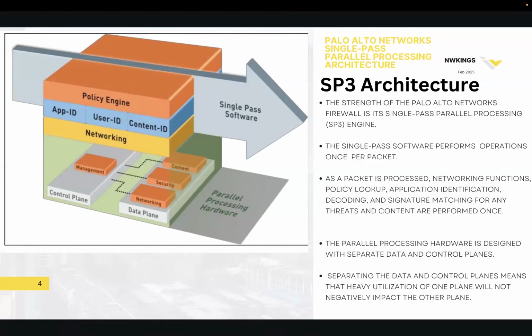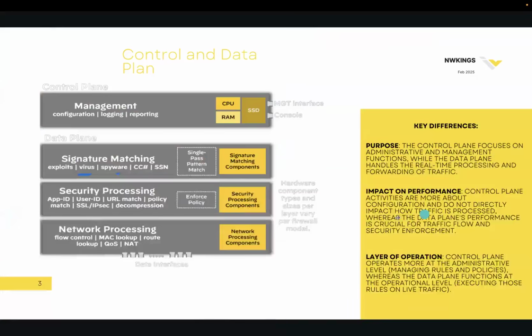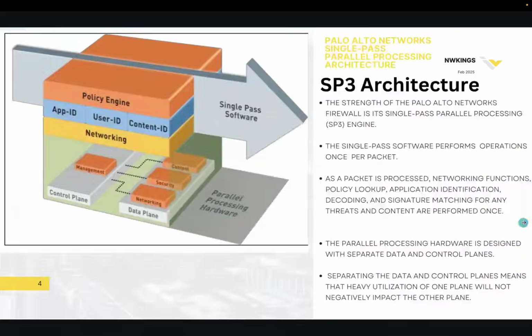Some copy from other firewalls and some build new. Palo Alto has a different type of architecture. Architecture means the complete firewall design and software is completely different from other firewalls. We're going to compare. Till here, any question? Control plane, data plane, then I'll go to SP3.